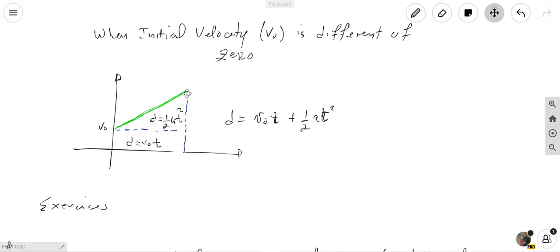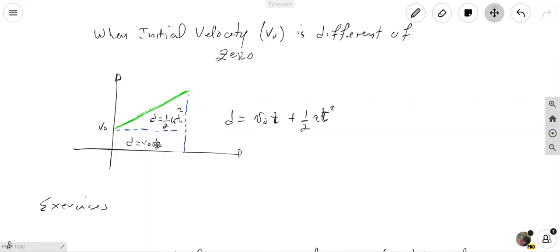I have divided this graph in two sections, one rectangular section here in the base of the graph and one triangular section here on the top of the graph. So this rectangular section over here corresponds to the distance traveled by a car with a velocity v sub 0 and zero acceleration. And then this triangular part that you see here corresponds with the distance that has been traveled by the car due to the acceleration.